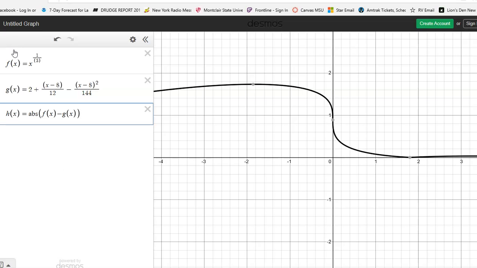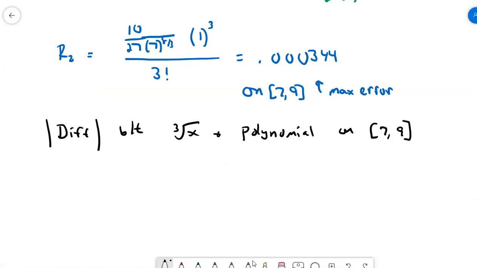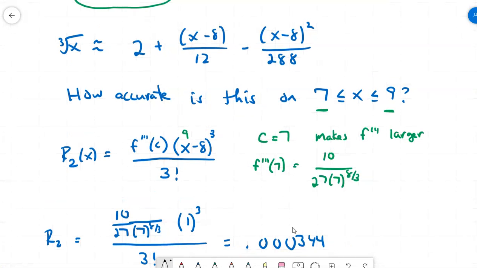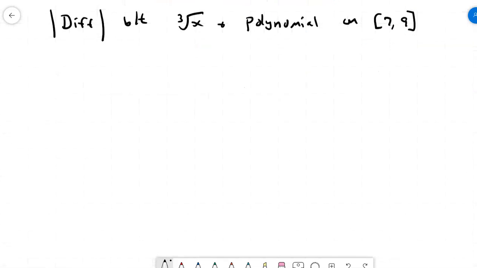All right, so I've got x to the 1/3. Then I've got my polynomial down here, 2 plus 1/12 times x minus 8 to the first minus x minus 8 squared over, actually I think this should be here. Let's go back and look. I'm doing this off memory, and memory is not doing well. Okay, it should be 288.